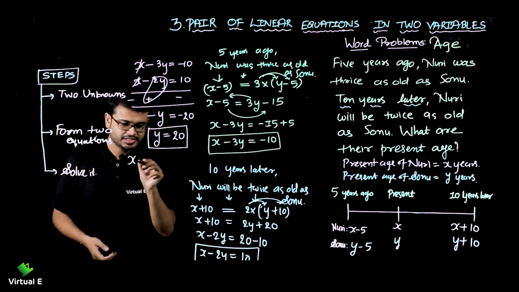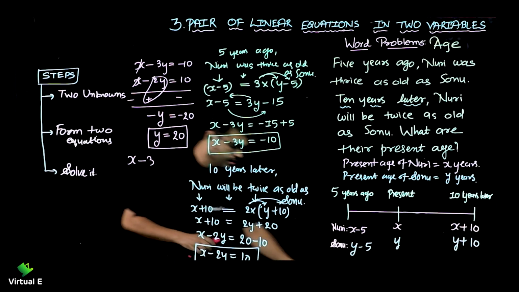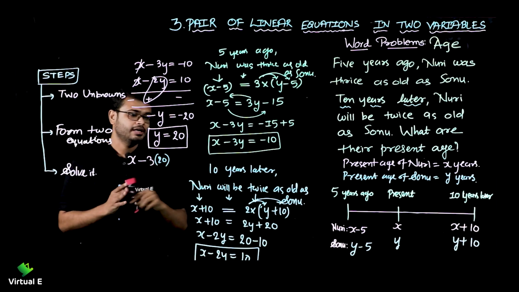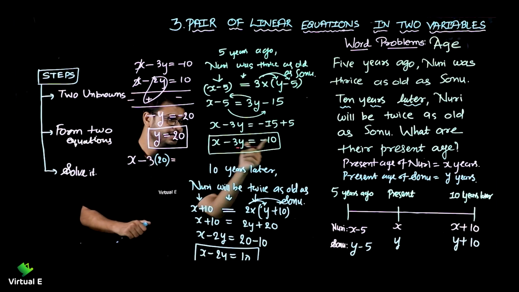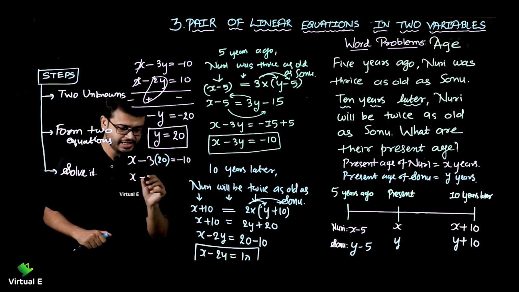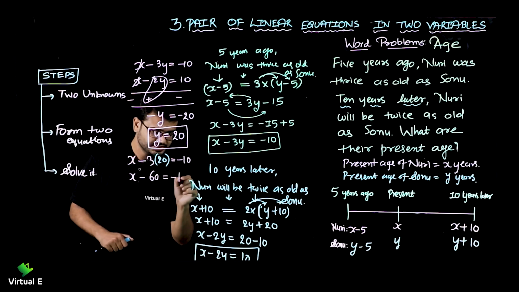So x minus 3, what is the value of y? Which is 20. And what is on the RHS? Which is minus 10. So let me simplify. x minus 3 times 20, that is 60. Then minus 10.